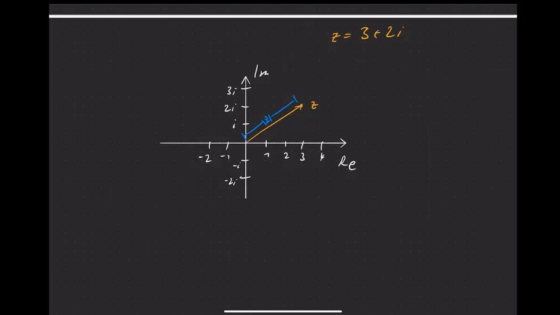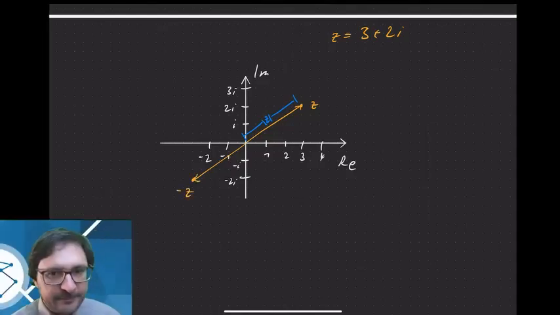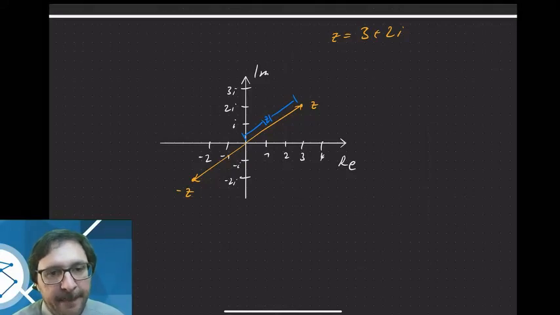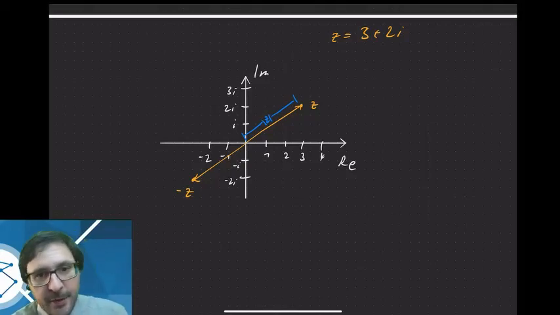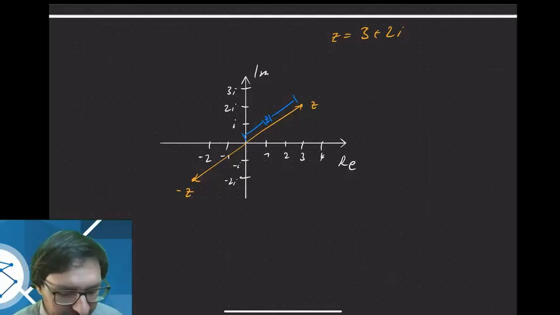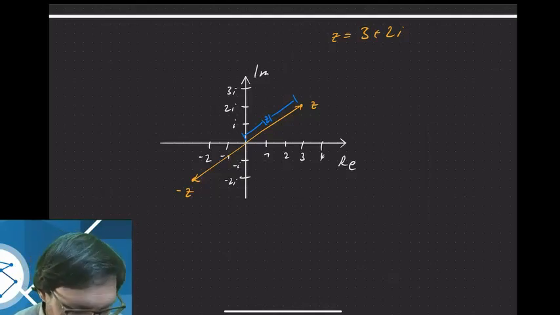You can also visualize the negative complex number and the conjugate complex number. The negative complex number, that's just -3 minus 2i. So that one is here. So that is minus Z. And you get the conjugate by just mirroring along the x-axis, along the real axis.